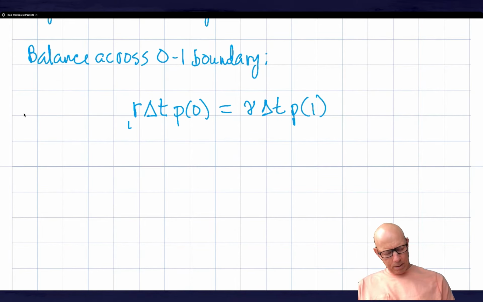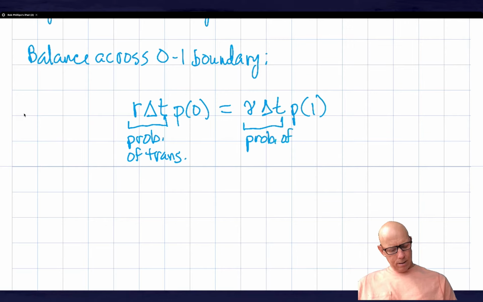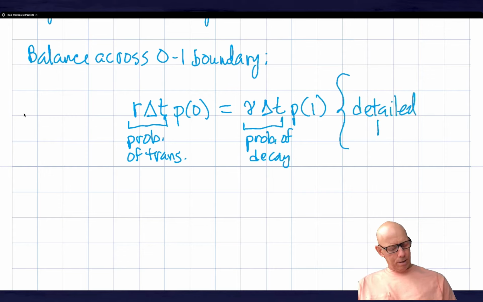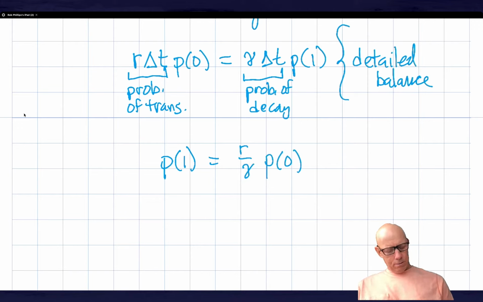So this is the probability of transcription, and this one is the probability of a decay event. And basically this assertion is what I'm going to be calling throughout the course detailed balance. It's a statement of equality of fluxes, and so I can solve this, and what I find is that P1 is equal to R over gamma times P0. So that's our first result.